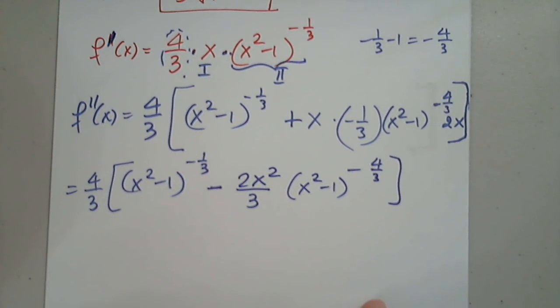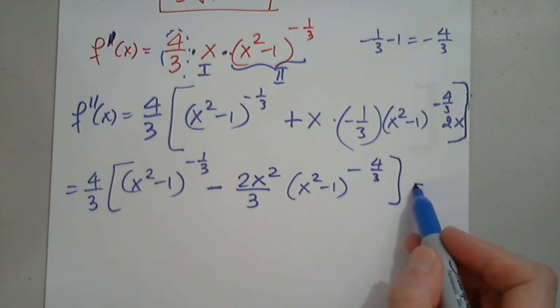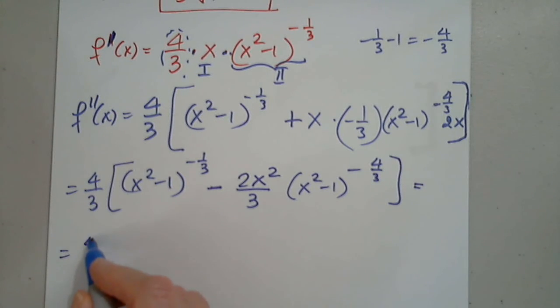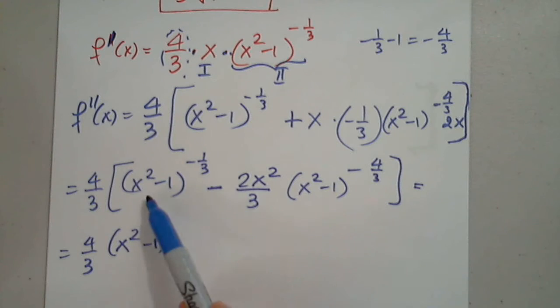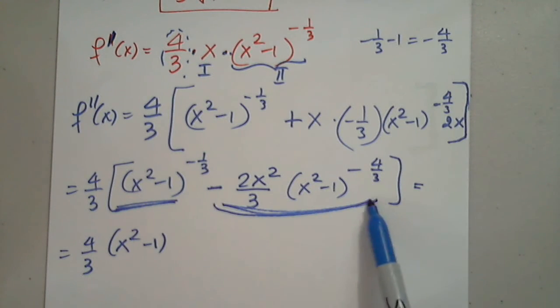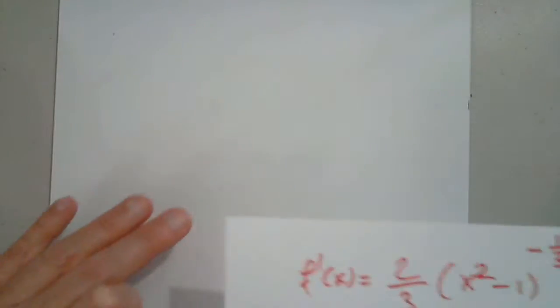There is a way of simplifying this by factoring. I will factor out x squared minus 1 because it's present in this term and also in this term. But now we have to analyze which power do I pull out. And the answer is always the smallest of the two. So let me just come back here for a second.